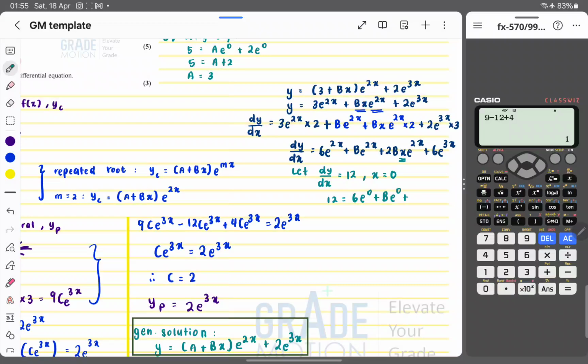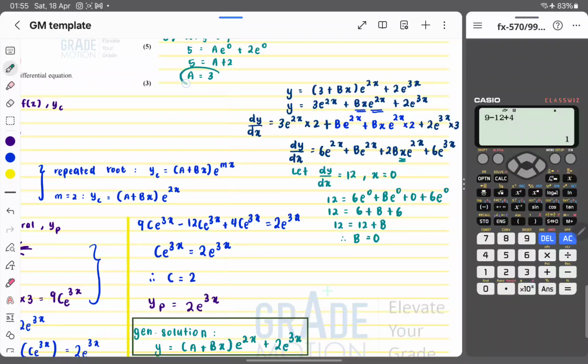Plus 6e to the power of 0. So 12 is equal to 6 plus b plus 6. Okay, so 12 equals 12 plus b. Therefore, b is equal to 0.